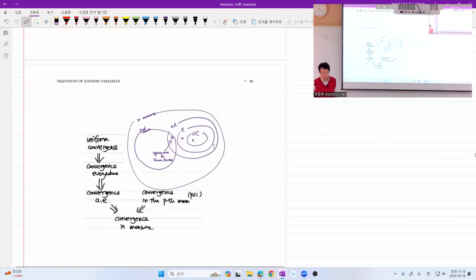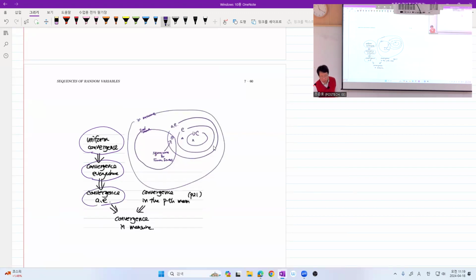Yeah, so uniform convergence implies convergence everywhere or pointwise convergence, and it implies convergence almost everywhere. But it does not imply, nor is it implied by, the convergence in the p-th mean with p greater than or equal to 0, but both of these branches imply convergence in measure. Got it?